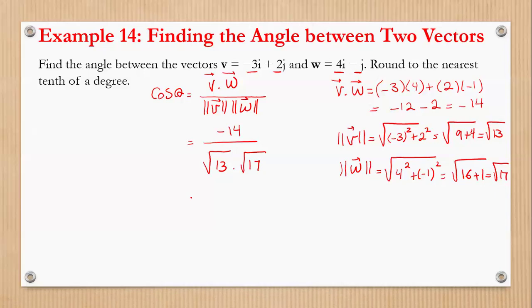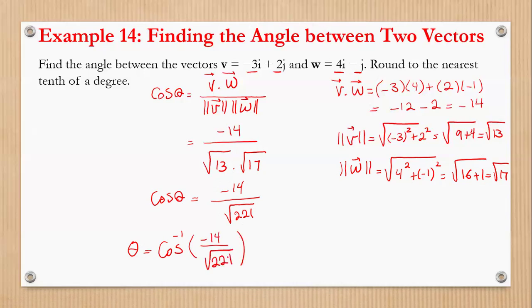Now, I can multiply the denominators because both of them are under the same radical. So if I multiply 13 by 17, it gives me 221. And I know that's the cosine of the angle in between. Now, to find the angle, I need to use the cosine inverse of -14 over 221.